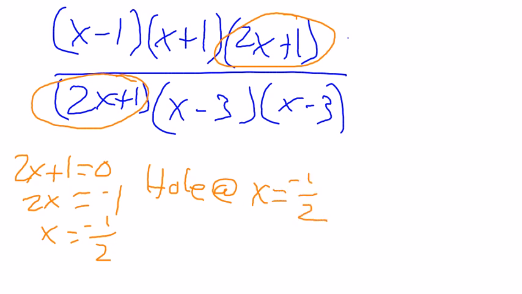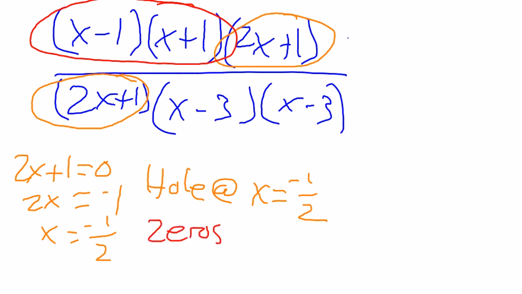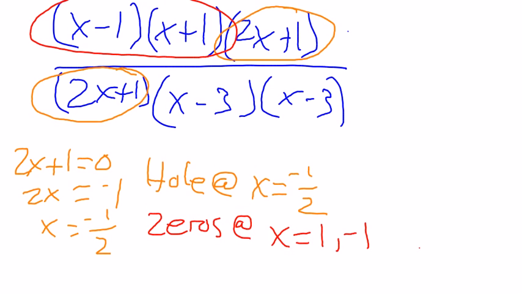Alrighty, cool. Next step, let's find the zeros. When a fraction is going to be equal to 0, we need our numerator equal to 0. We've got these two terms there, and those are linear factors, so that's super easy. We have zeros at x equals 1 and x equals negative 1. Alright, almost done. Last thing we need to do is see when this function is going to have a vertical asymptote. Vertical asymptotes happen when we are dividing by 0, which you can't do.